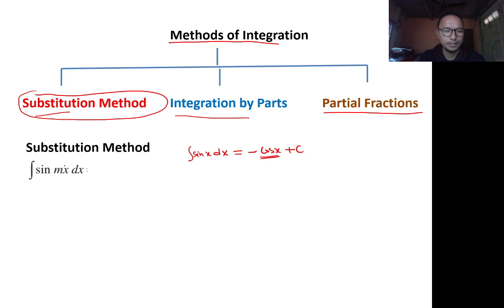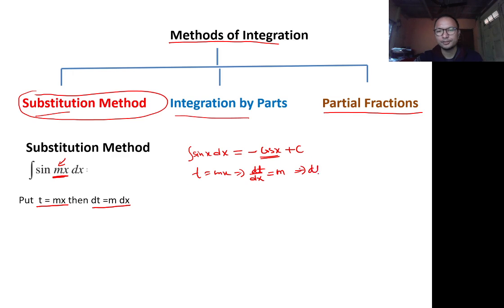But here the problem is created by this mx. Now, under this mx, we are going to put t equal to mx. If you differentiate this, you will get m, so dt is equal to m dx.